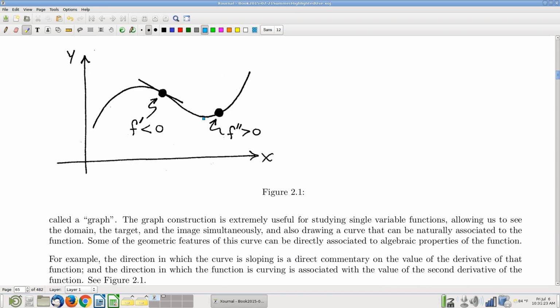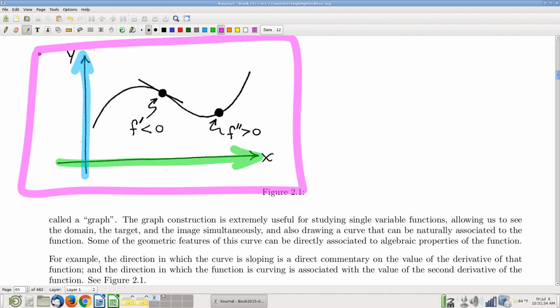There's something really kind of weird about a graph if you think about it. Inputs are there, outputs are here. We have a single variable function, and yet we're drawing a two-dimensional picture. What is this space? This R2. It's not the domain. It's not the target.